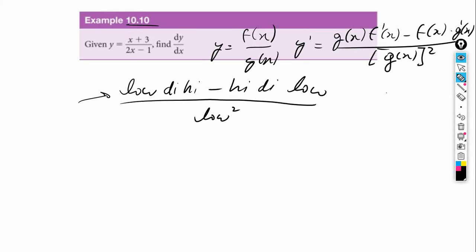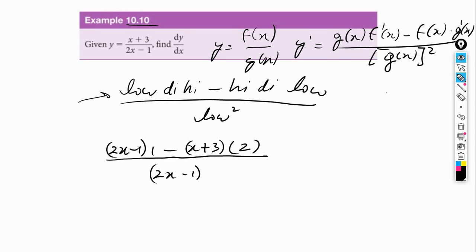Okay, so then that means that we're going to do low, which is 2x minus 1 times the derivative of the numerator, which is just 1, minus high, which is the numerator, so x plus 3 times the derivative of the denominator, and the derivative of 2x minus 1 is obviously 2, and this divided by 2x minus 1 squared.